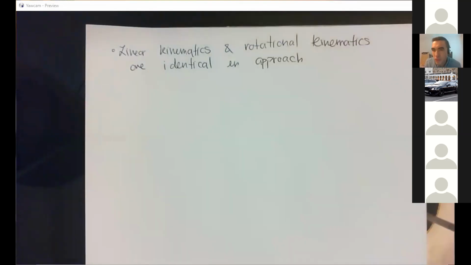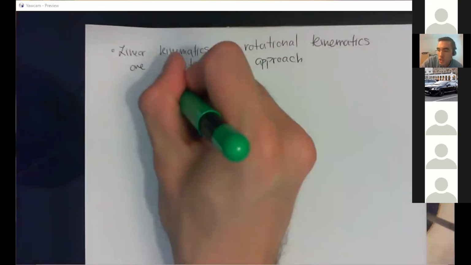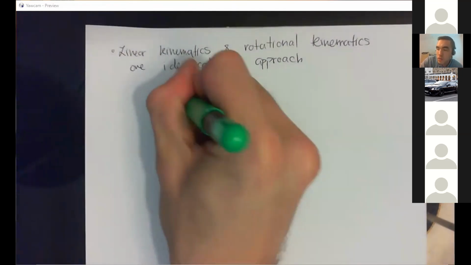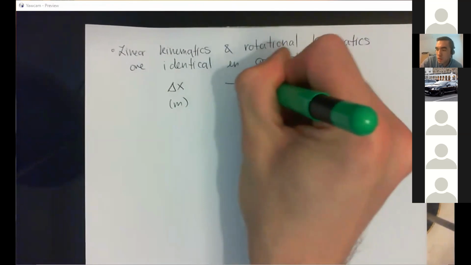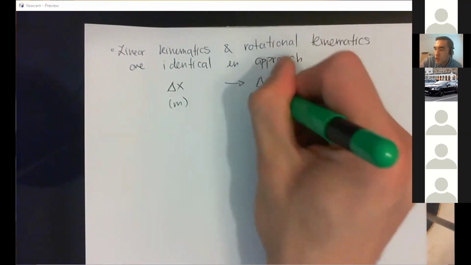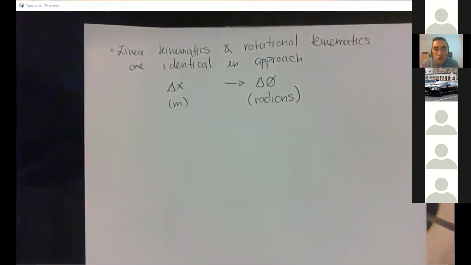There's really only one thing which is actually different between the two sets of equations and the results that are produced by these two sets of equations and how you should think about them. Really, the only difference is the fact that we are swapping delta X, our change in position, which is measured in meters, for delta theta, which is the change in angular position of an object, which is measured in radians. But literally everything about solving one of these kinematic equations is the same as the other, with this one swap.